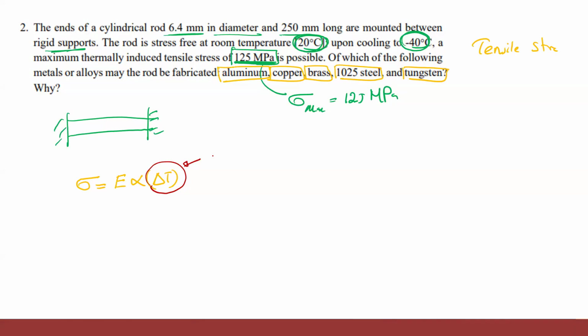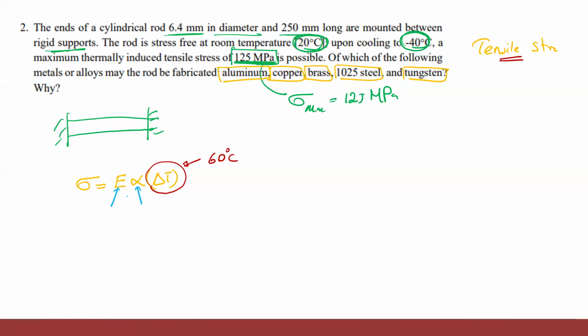It's negative 60, or else you can make it 60, and you need to understand this is tensile, cooling tensile, otherwise you need to put everything with signs negative. So here this will be 60 degrees Celsius. But E and alpha are material properties, so depending on which material you use, this will be different.